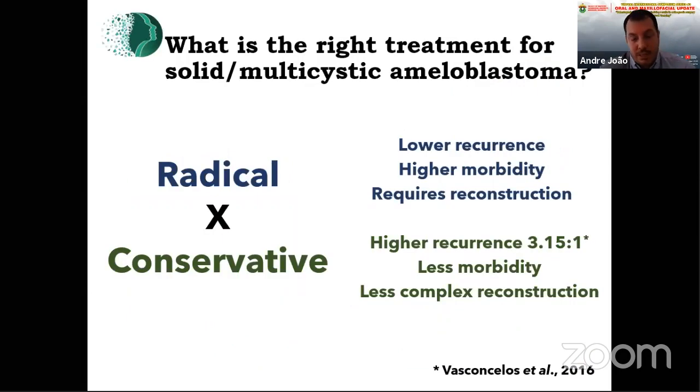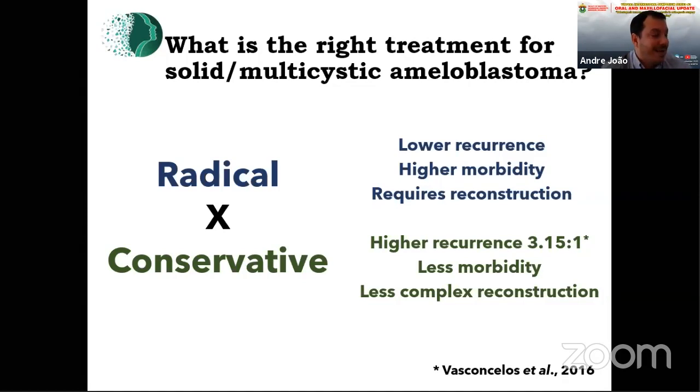Right? So then we need to think what's the right treatment for these aggressive tumors like ameloblastoma. Should we do radical surgery or conservative surgery? When we compare the results of these procedures, we can see that when we do radical surgery, we have a lower recurrence rate because we usually use safety margins to remove the tumor.